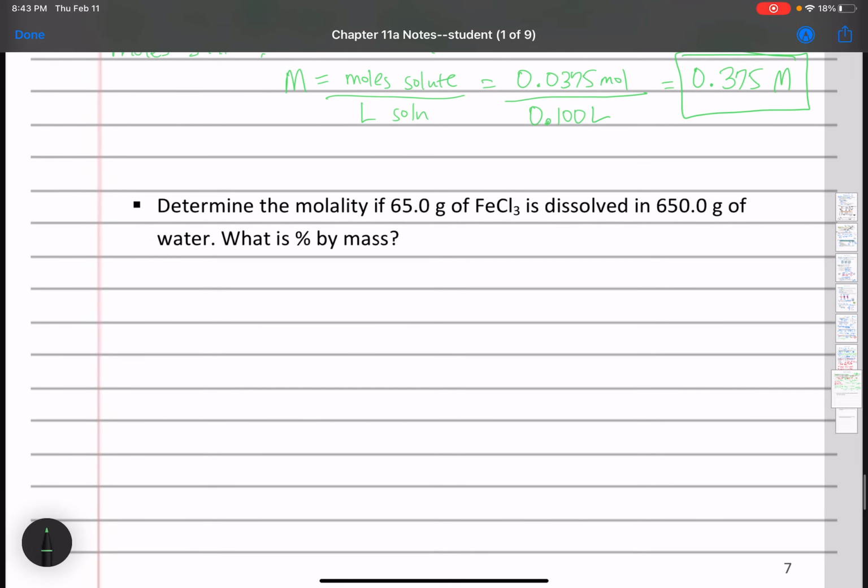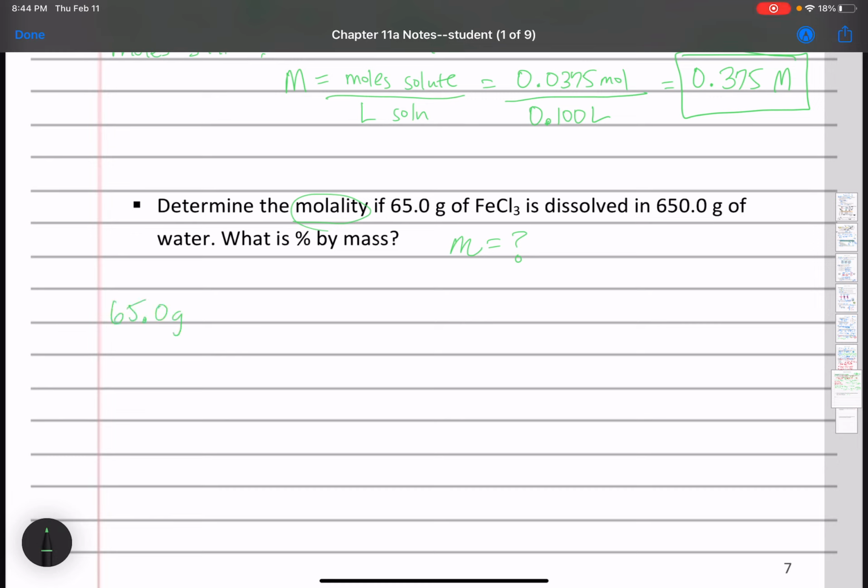Maybe try this one yourselves. Well, hopefully for a lot of these you try them by yourself and then you check yourself. But for this one, go ahead and try it by yourself, pause the video, and then see if you are correct. All right, I'm going to read the problem. Determine the molality. Molality is what I'm trying to find. If you have 65 grams of iron chloride, so okay, I've got to start listing things out.